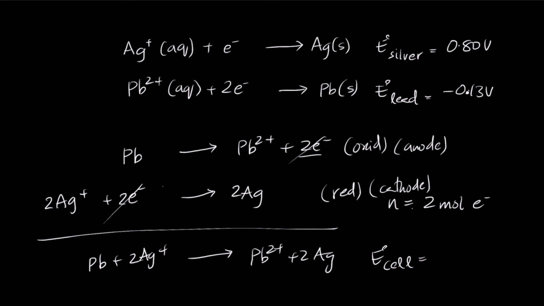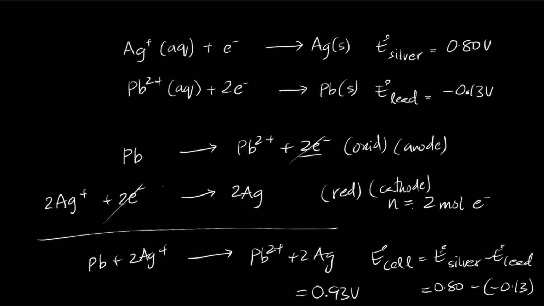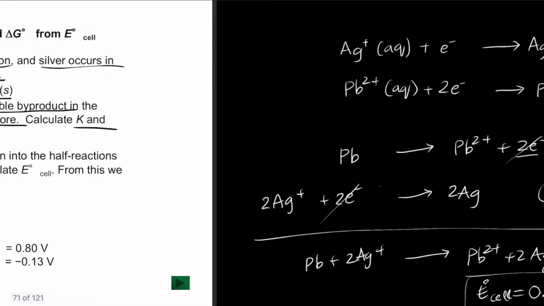So E of the cell is E of the cathode, silver, minus E of lead. E of silver is 0.80 minus E of lead, negative 0.13, which when calculated gives you a value of 0.93 volts. So this is the standard cell potential of 0.93 volts.